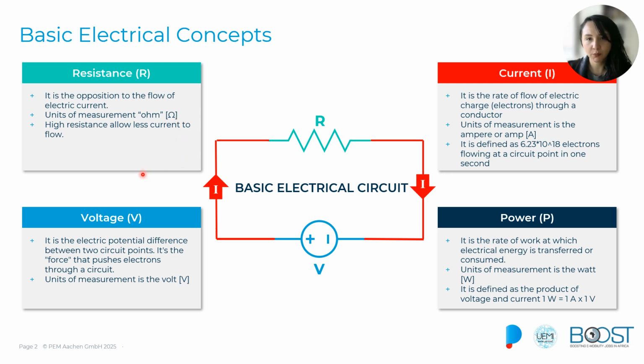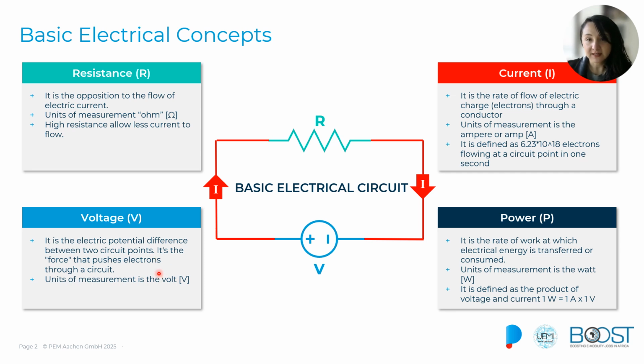Then we have the voltage, and the voltage can be thought of as the pressure that pushes our water through a pipe, and in the electrical circuit it is the force that pushes the electrons or the electric charge through the wires. It is measured in volts.